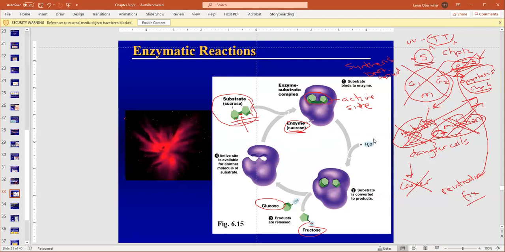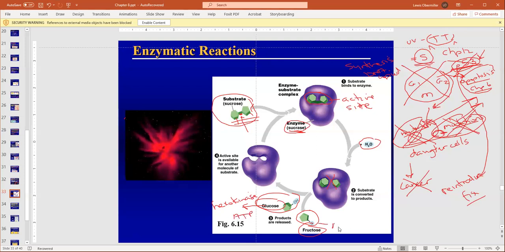It binds. Remember, we have to add water to break the bond. And that's a hydrolysis reaction that we learned in chapter 5. And then once that bond is broken, we release fructose and glucose individually. And then again, glucose would go to that hexokinase, and it would eventually get broken down further to make ATP.